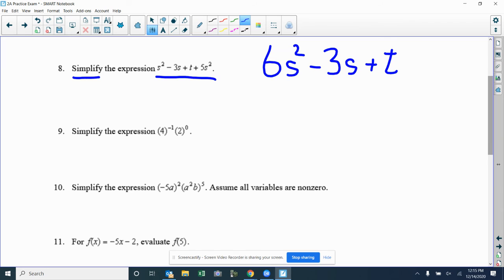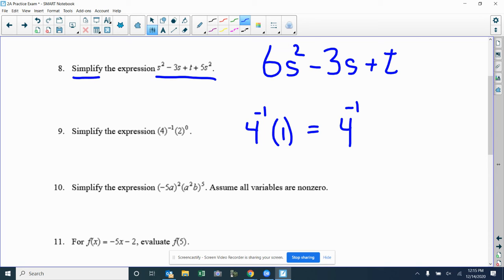Number 9. Make yourself a note. Anything to the 0 power is what? 1. So this really ends up being 4 to the negative first times 1, or really just 4 to the negative first. That's what it really ends up being. We're not done yet, because when we did this section, we said simplifying means no negative exponents, okay?